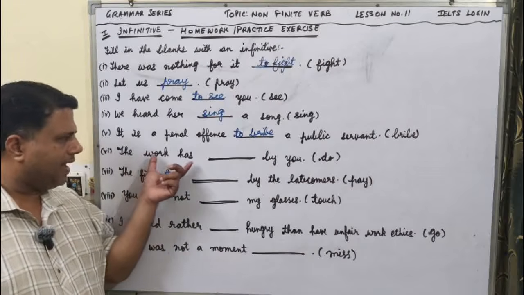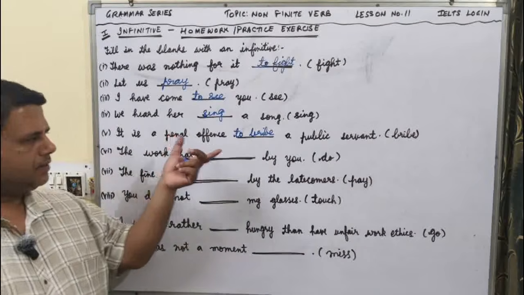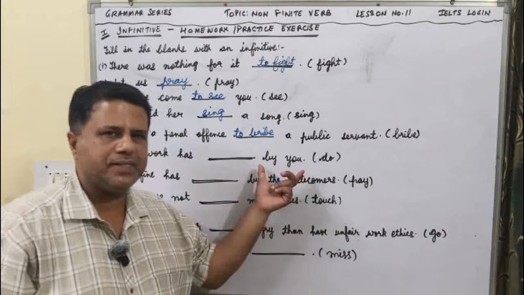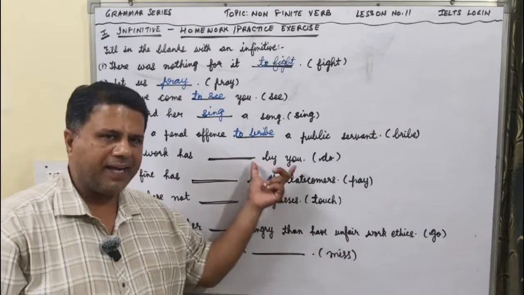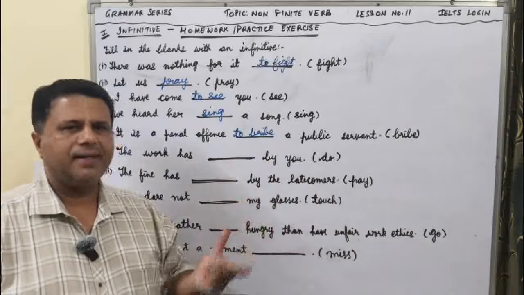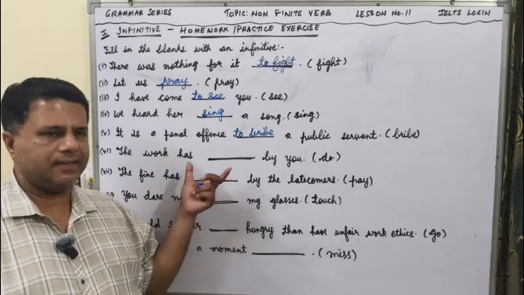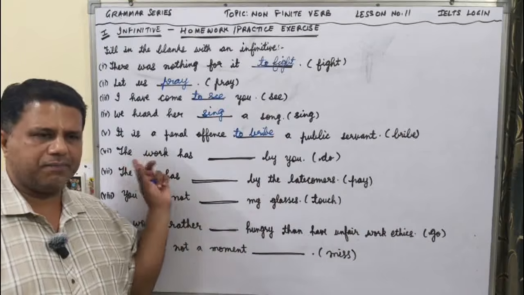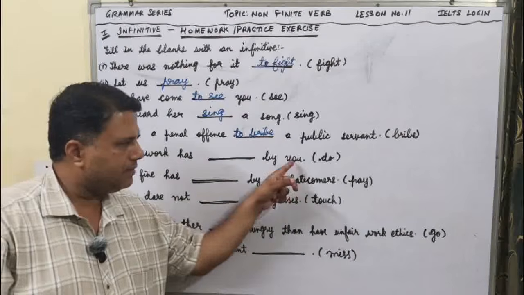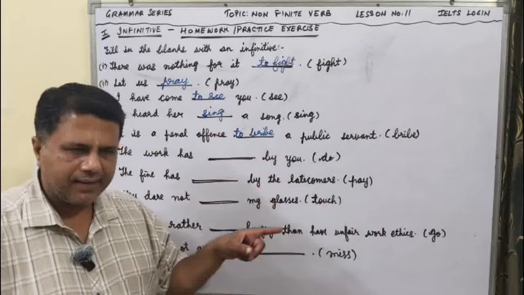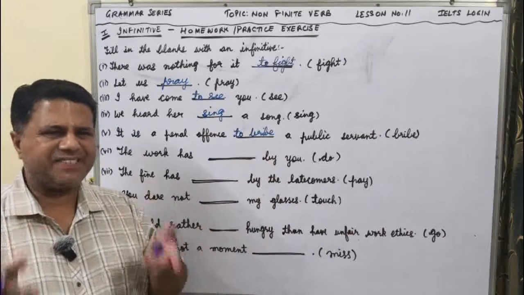The work has dash by you. It is a clear indication. See, the words by you are there. Usually by you is used at the end when we talk about passive sentences. So this is a clear indication that the work, the object, is in the beginning, and the doer, that is the subject, is at the end. So this is the example of a passive sentence.